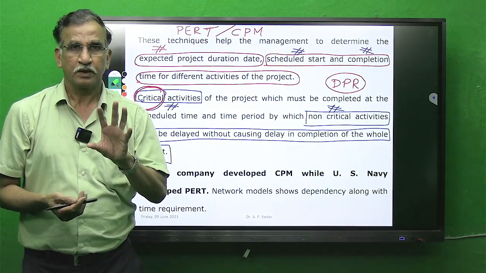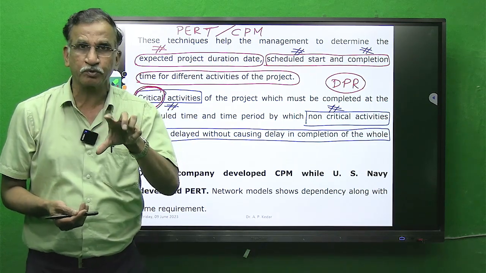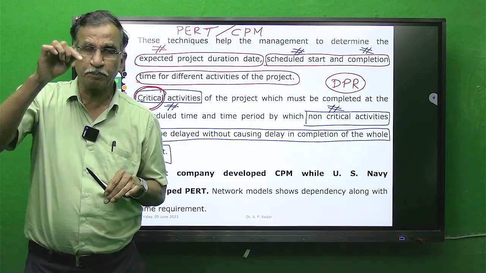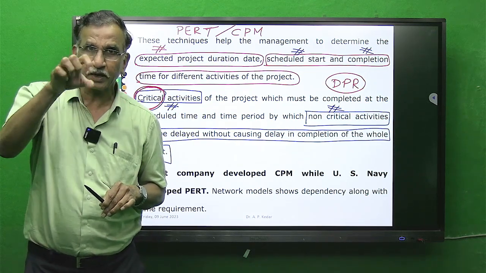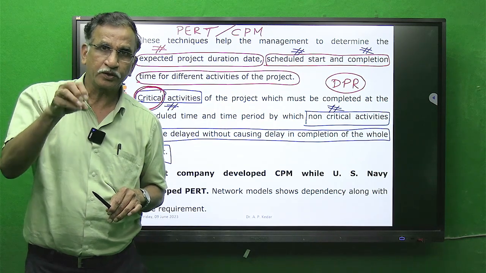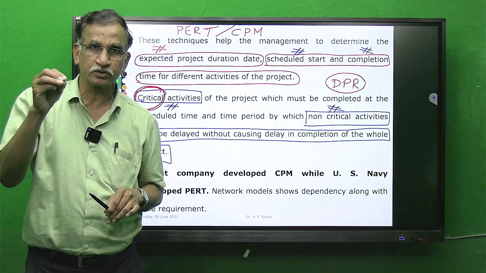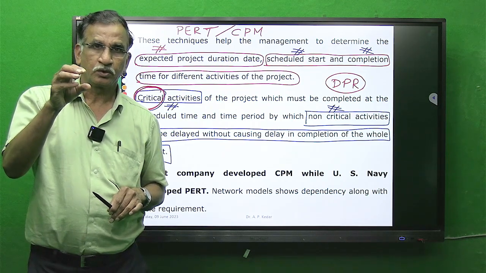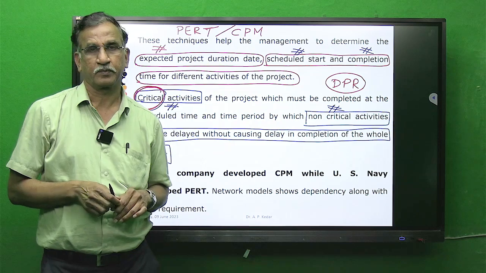The meaning is that management, whosoever is controlling the project, has to always keep attention on the critical activities of the project in terms of monitoring and management of various resources for the specified critical activity.